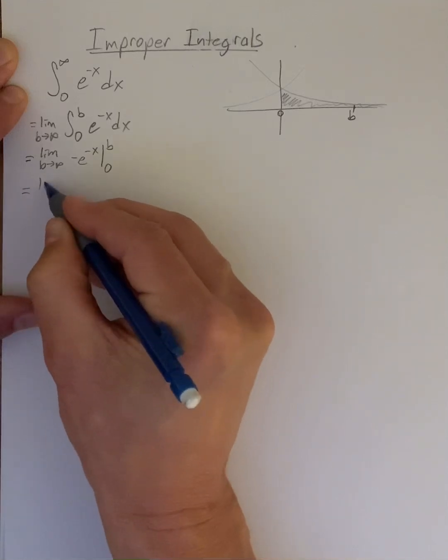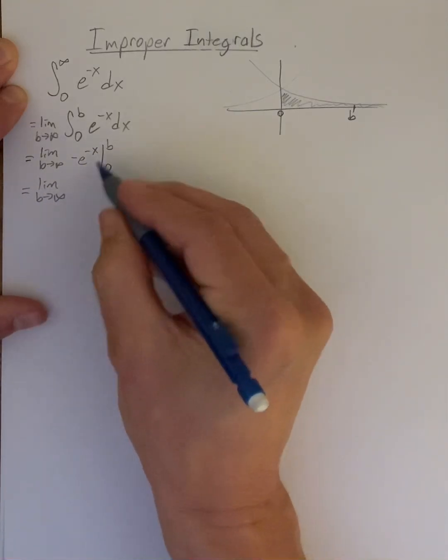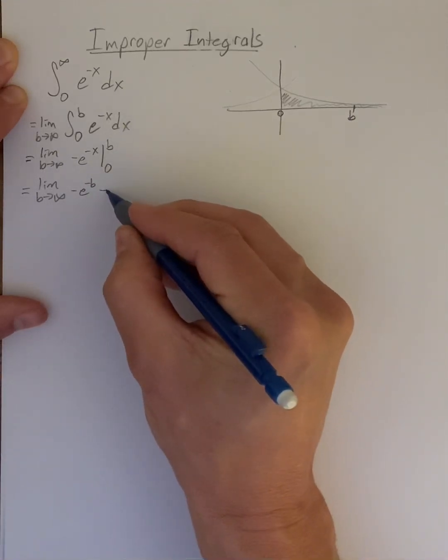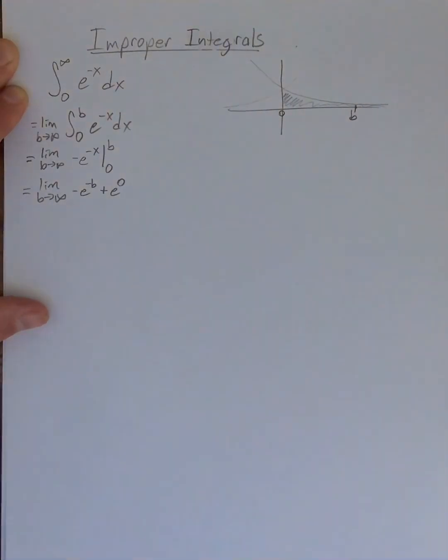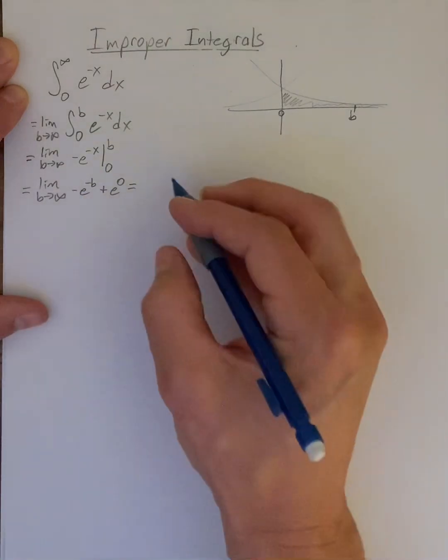Don't apply that limit. You can wait still longer. So what is that? That's negative e to the negative b minus negative e to the 0. Now I can actually apply that limit as b goes to infinity.